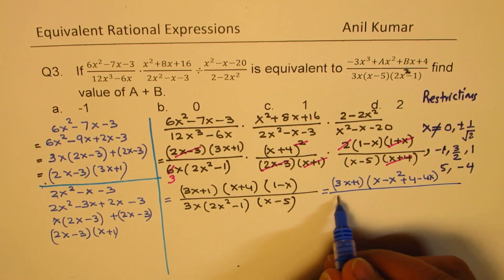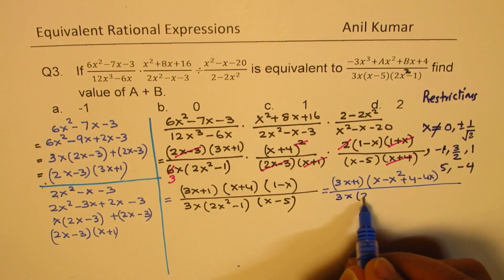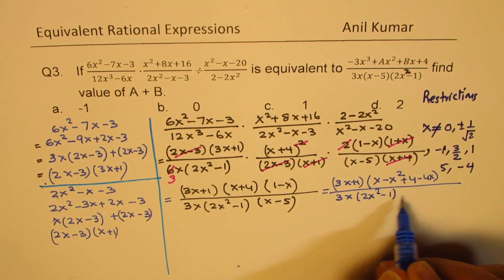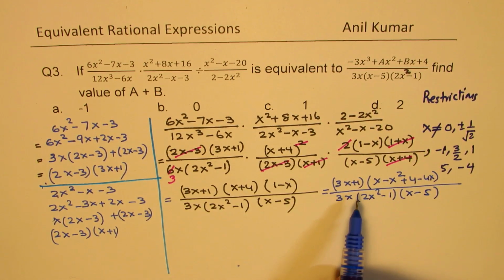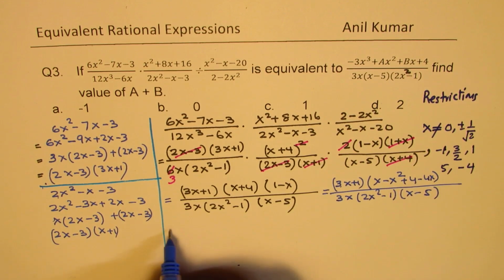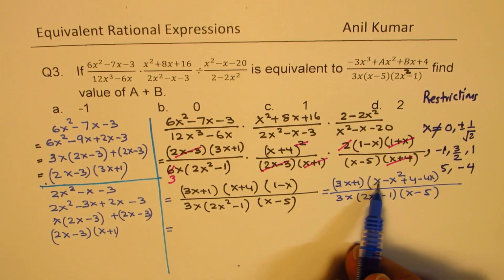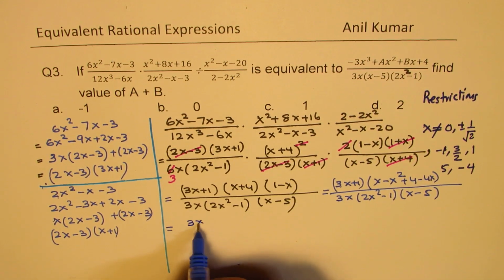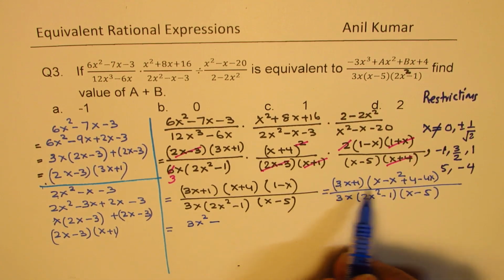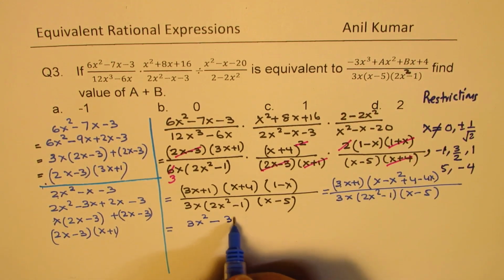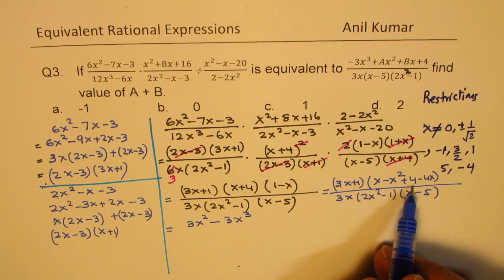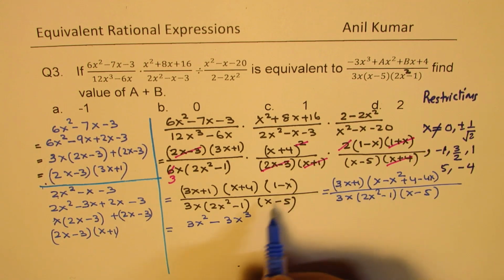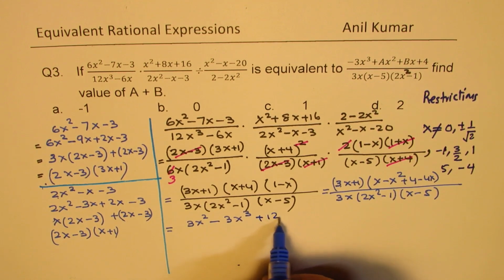Over the denominator, which is 3x times 2x squared minus 1 times x minus 5. Now, let's multiply by 3x. So we get what? 3x times x is 3x squared minus 3x cubed. And then we have, with 4, we get 4 times 3 is 12, so plus 12x.